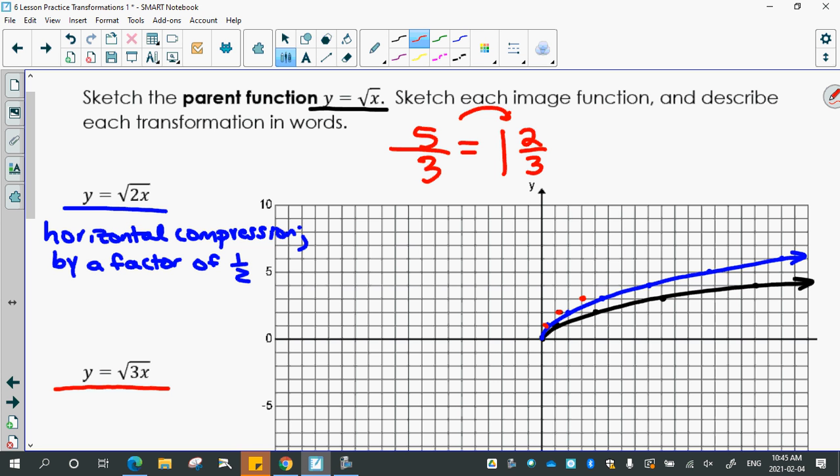My next over is 7. So 7/3. How many times does 3 go into 7? Twice, with 1 left over, 2 1/3. So I'm going to go over 2 1/3, up 1, 1/3 of the way into that square. 9/3 is 3. So I'm going to go over 3, up 1. So 1/3 of the way into that square.